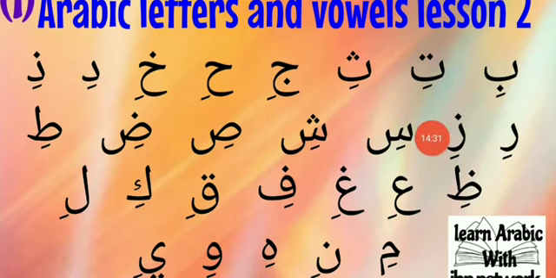Sin together with kasra, so we say sin kasra si, sin kasra si. Shin together with kasra, so we say shin kasra shi, shin kasra shi.